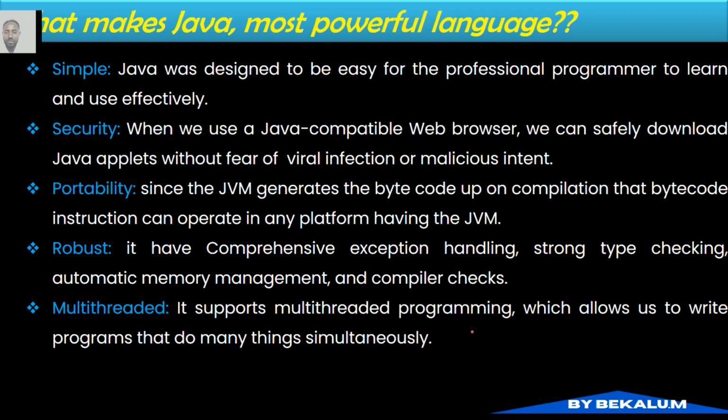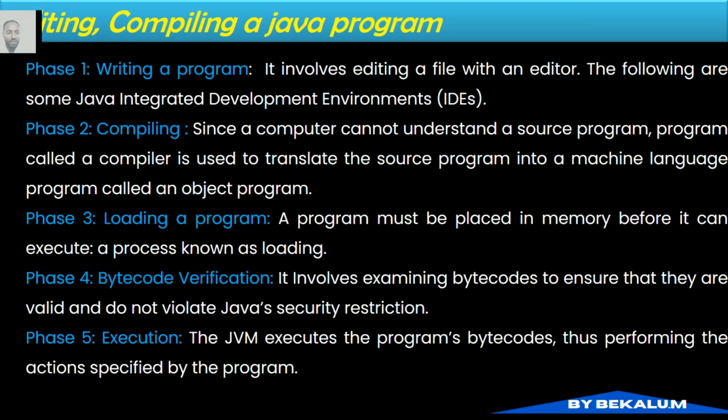It has comprehensive exception handling, strong type checking, automatic memory management and compiler checks, which can withstand certain runtime errors. The other, multithreading: it supports multithreaded programming, which allows us to write programs that do many things simultaneously.